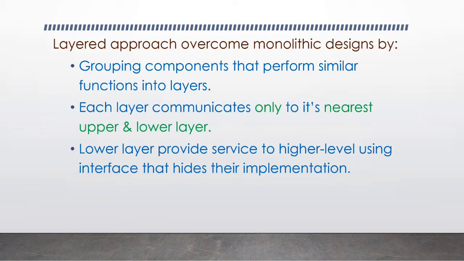The layered approach overcomes the monolithic design by grouping components that perform similar functions into layers. Each layer communicates only with its nearest upper and lower layer. Lower layers provide service to higher levels using an interface that hides their implementation.